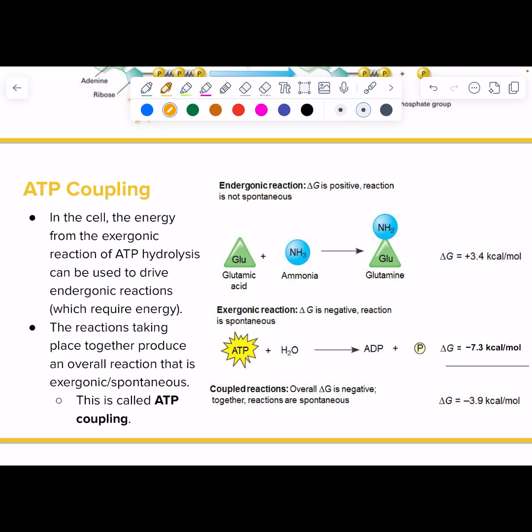We want to form an amino acid called glutamine. But glutamine is formed from glutamic acid and ammonia. So in order for this reaction to happen, you see it has a positive Gibbs free energy. Positive means it requires that amount of energy, 3.4 kilocalories, in order to take place.